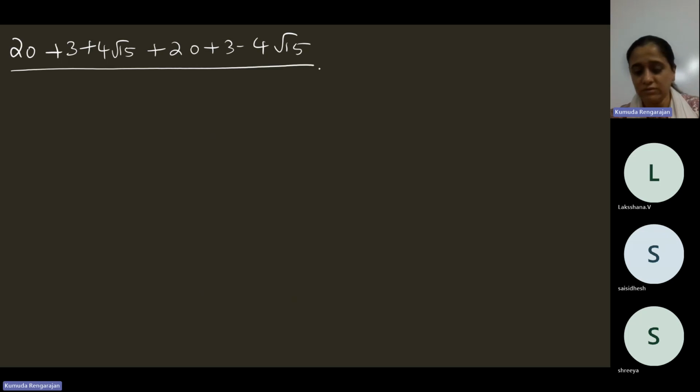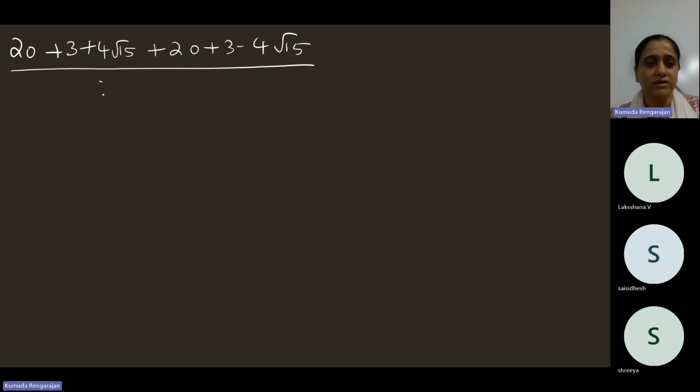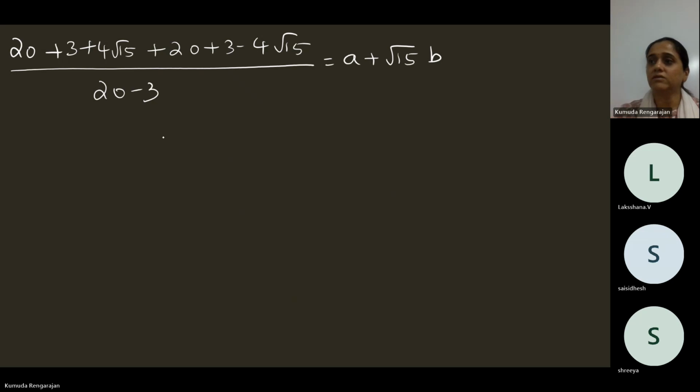The whole upon 20 minus 3, right? Correct, correct. Is equal to A plus root 15B. So 40 plus 6, 46.